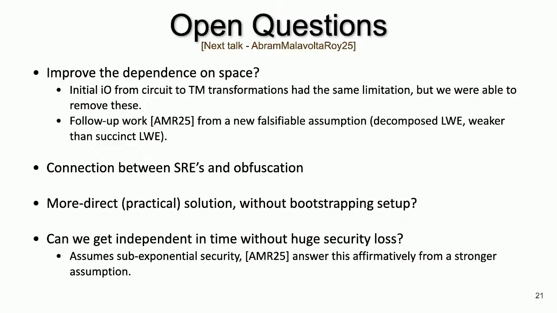Also, another one is, can you use an SRE to do other things that we only knew how to do from obfuscation? You have this tool which gives you a shortcut for computation. Can you use this for other things? Okay, that's all I have, and thanks.